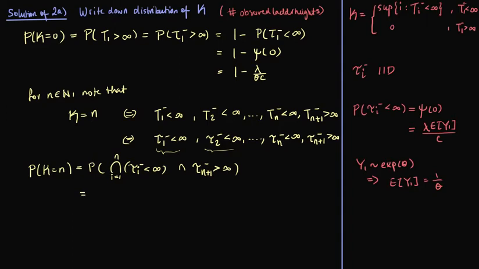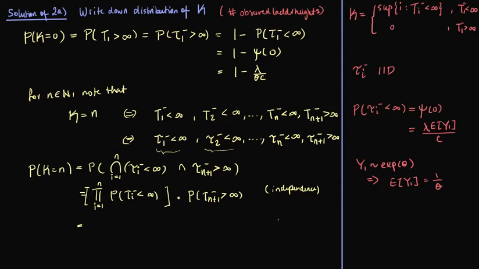Thanks to independence, we may write that up as the product from 1 to n of the probability of the ith inter-ladder time being finite, multiplied by the probability of the n plus first inter-ladder time being infinite.